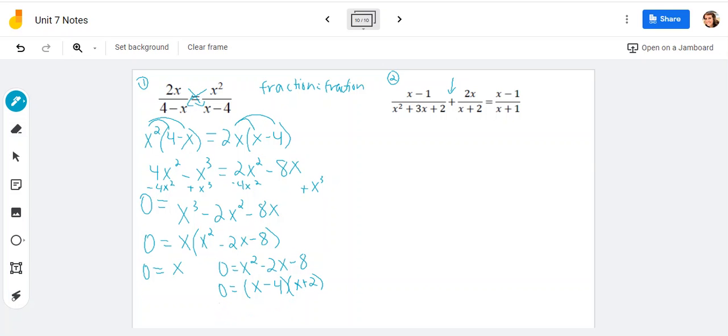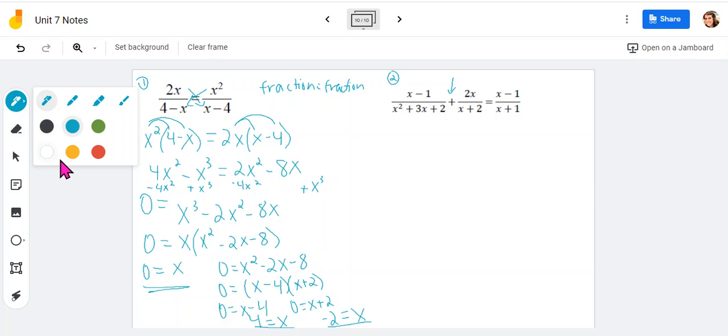So then I get that 0 equals x minus 4 and 0 equals x plus 2. So here I get that negative 2 equals x and 4 equals x. And then don't forget I have 0 equals x up here. Whew. So we ended up with 3 solutions.